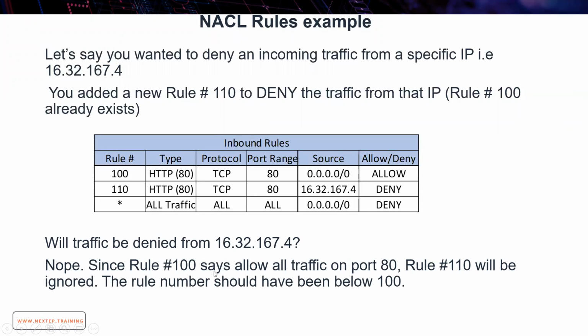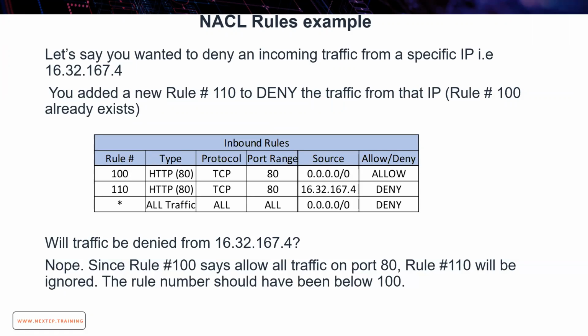Since rule number 100 says allow all traffic on port 80, rule number 110 will be ignored. The rule number should have been below 100. Absolutely. Did I make sense there? Guys, make sense? I think it's pretty straightforward.